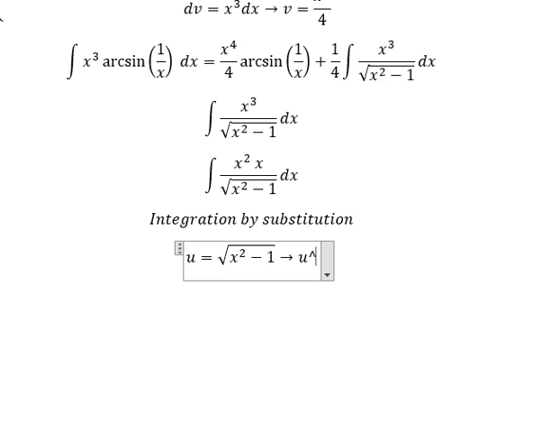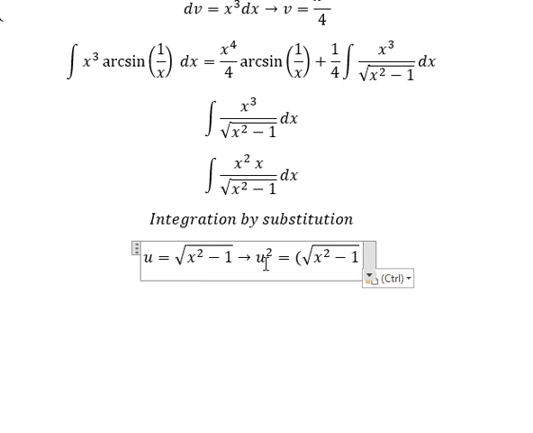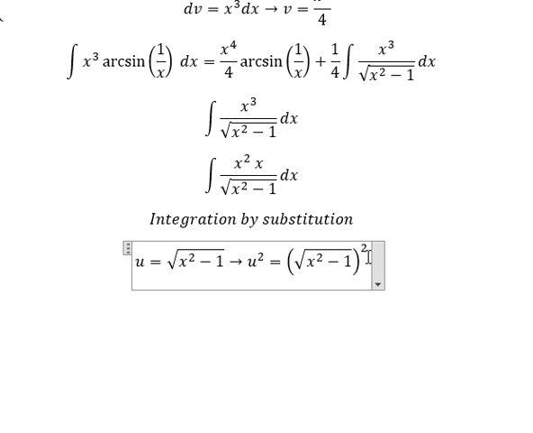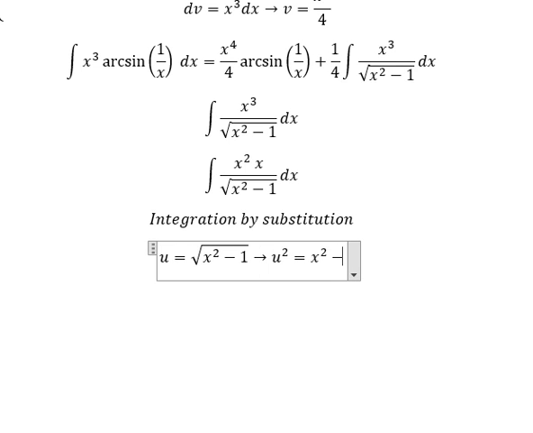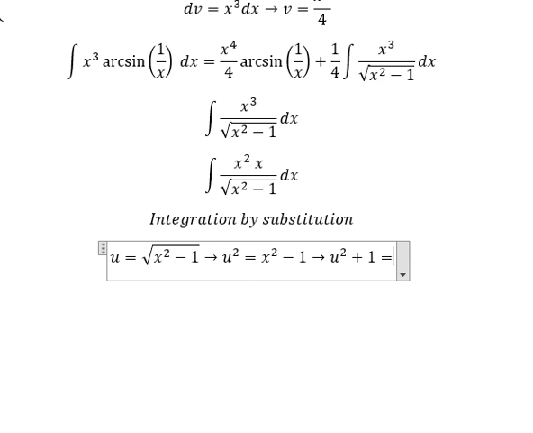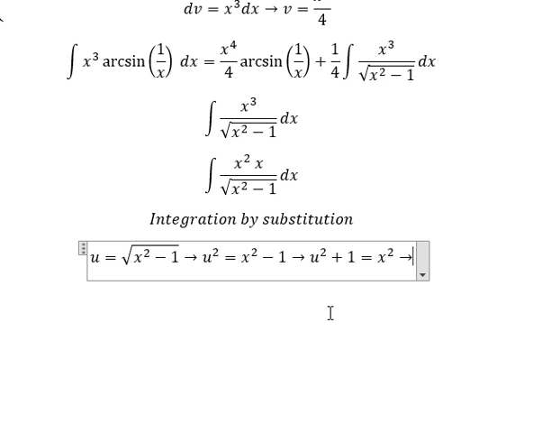Later we put the power number 2 on both sides to cancel the square root. Because we have s squared, I will move negative number 1 to the left, and we have u squared plus 1 equals s squared.